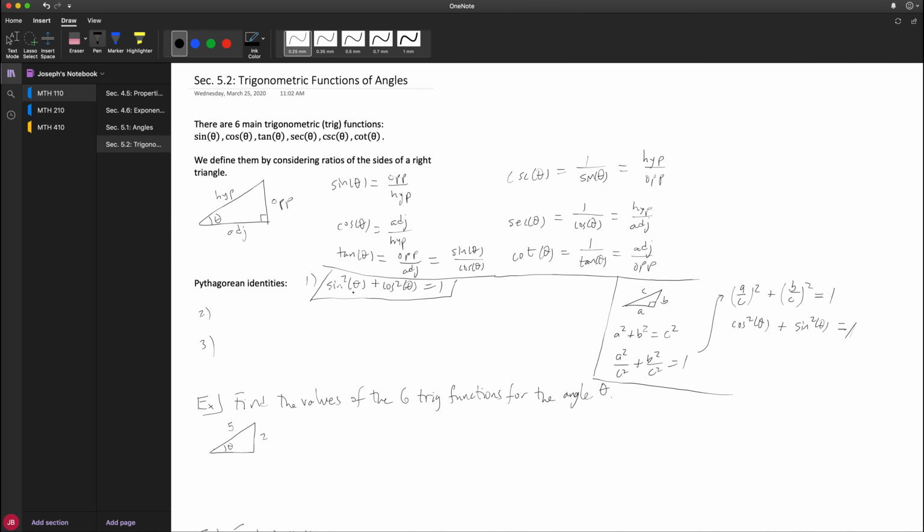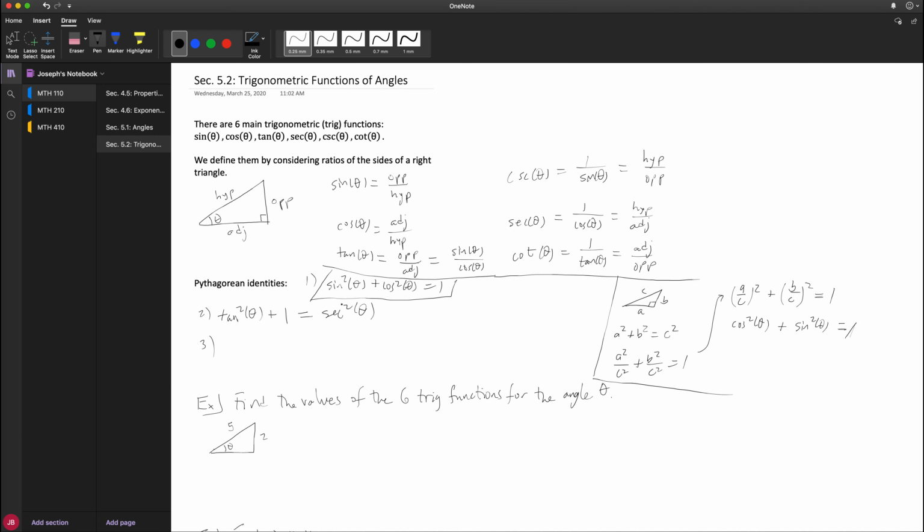Okay? Now if you take this and divide everything by cosine squared of theta, then what you'll get is sine squared theta divided by cosine squared theta. Well, that's tangent squared theta. Dividing cosine squared theta by itself gives you 1. And 1 over cosine squared theta, well, that will be secant squared theta.